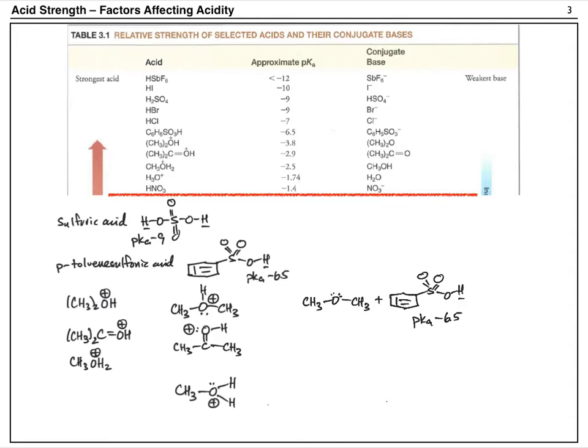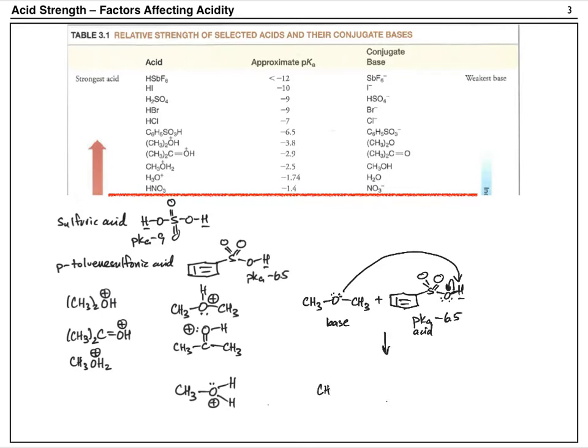So what's going to happen? This species is acting as the acid. This species is acting as the base. The base is supplying the electrons to abstract the proton. We're then breaking this bond so that the electrons in that bond go onto the oxygen.